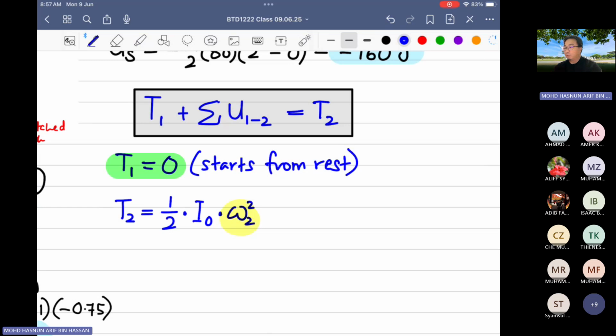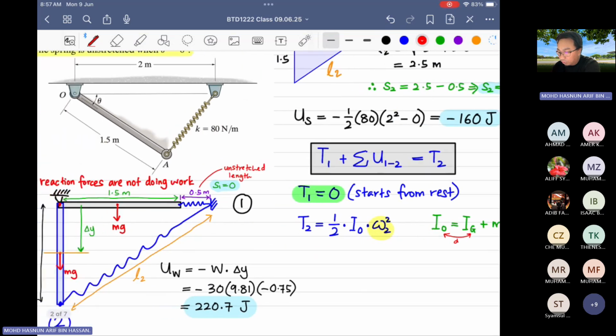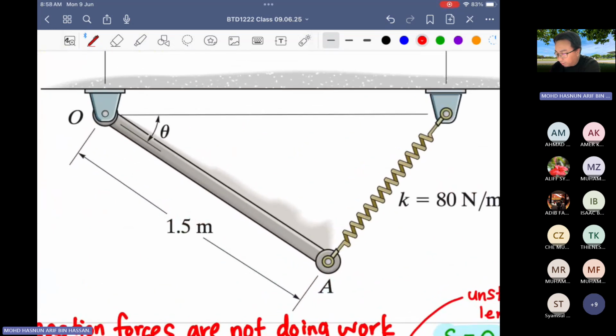Before we can proceed, we need to calculate IO. To calculate IO, we need to use the parallel axis theorem. IO is equal to IG plus M times D squared. I repeat again, D is the distance between O and G. If you look here in the figure, point O is here, point G is in the middle of the rod.